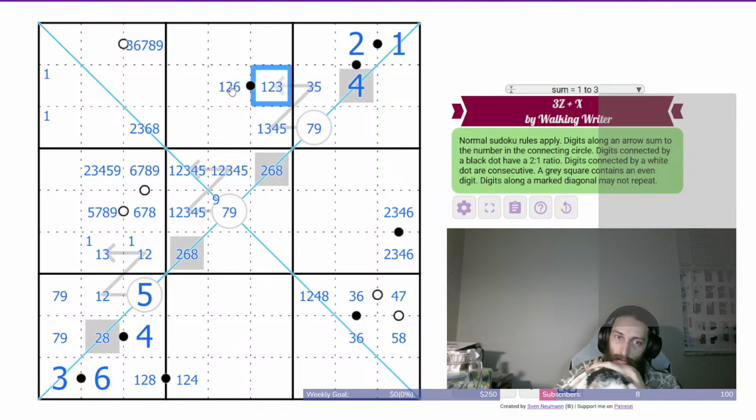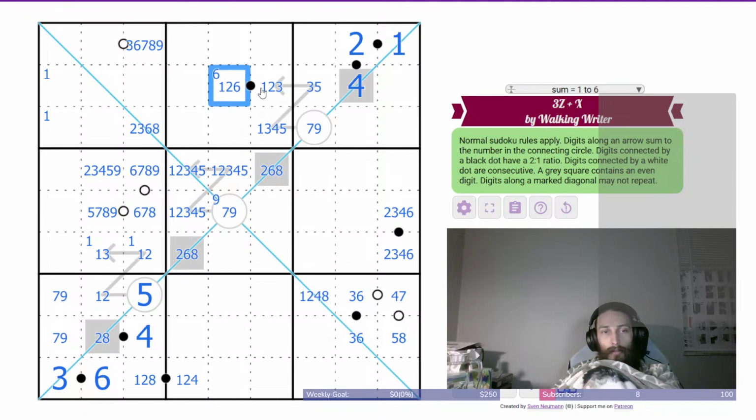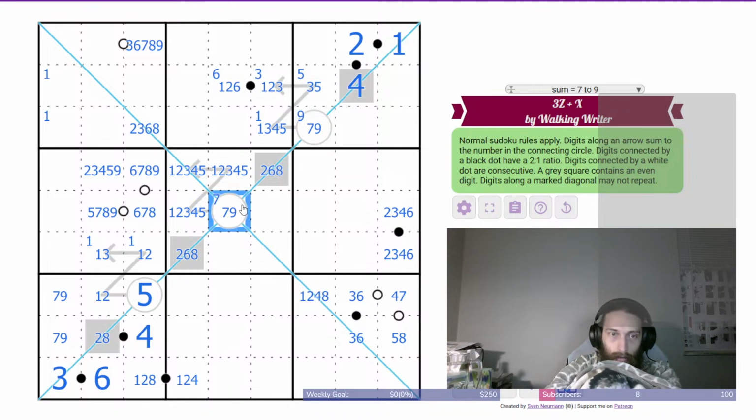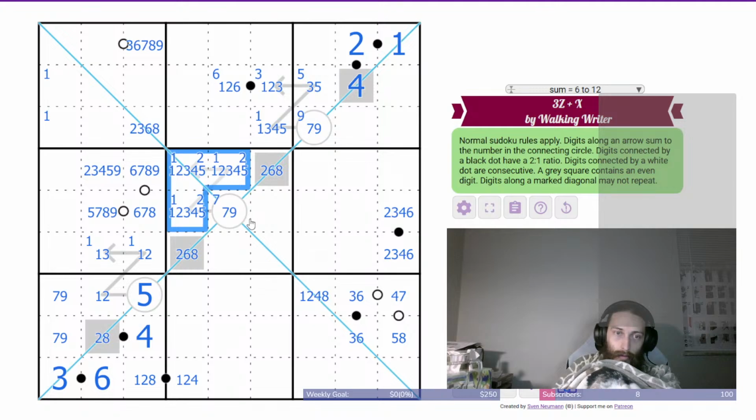This was 3 and 6. Got 5 and 1. 6, 3, 5, 1 would be 9 and 7. 1, 2, and 4.